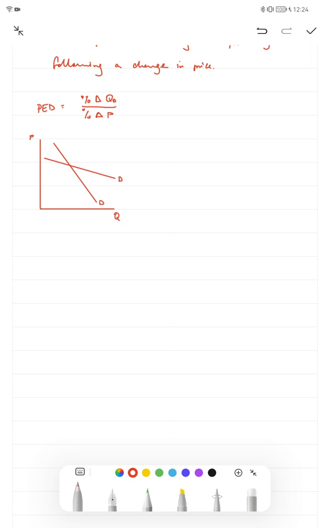So you get various different versions of PED. If the PED is less than 1, or it's a fraction or a decimal, it is inelastic, and that means it is steeper. If the PED is greater than 1, or it's shallower, it is elastic. If the PED is equal to 0, it is perfectly inelastic.